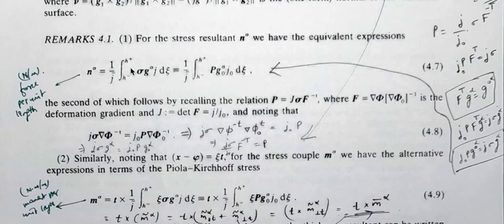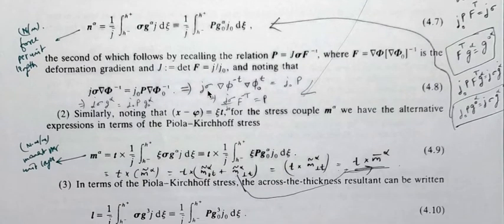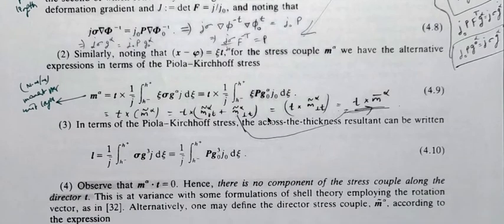And all those expressions which we have written for sigma can also be written for first Piola-Kirchhoff stress, and this is how it is. Very easy derivations. Whatever few steps are missing, I have just written them down over here and verified everything coming out to be correct.